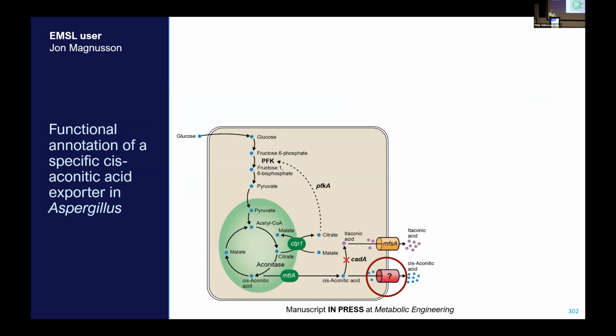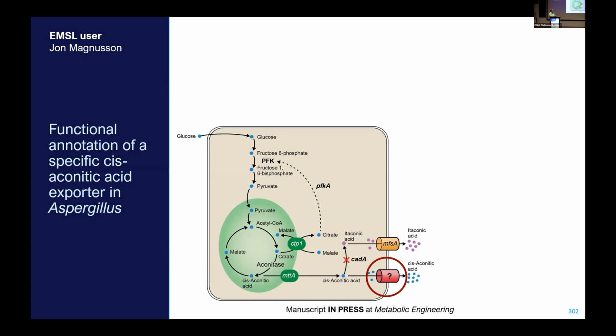Taking it a step further, working with John Magnuson, he had a strain of fungi with comparative proteomics, comparing the wild type strain versus a strain where he knocked out this CAD-A protein, shown with the little red X. This is the protein cis-aconitic acid decarboxylase, which would normally convert cis-aconitic acid into itaconic acid.